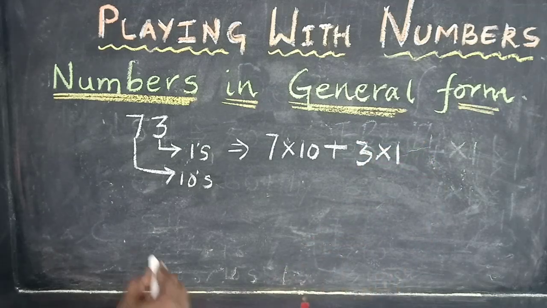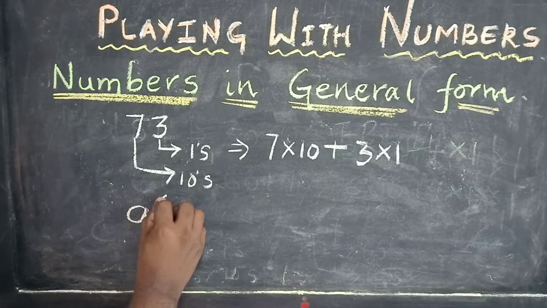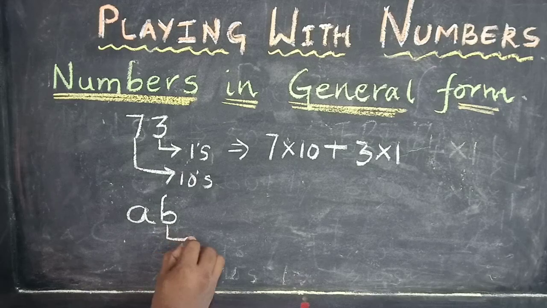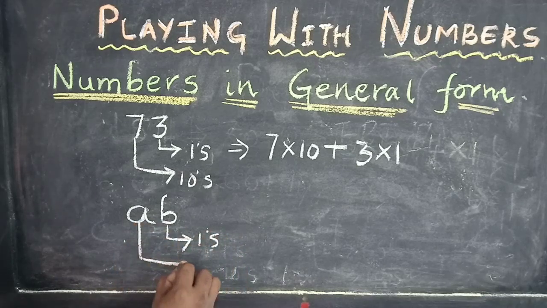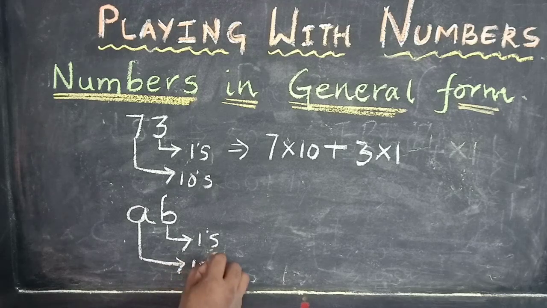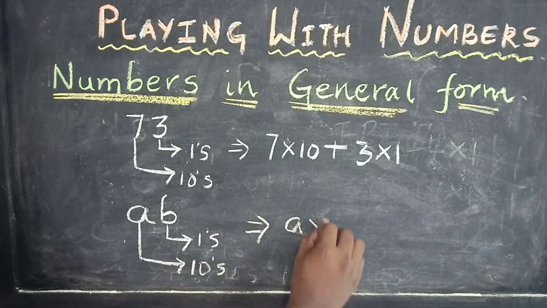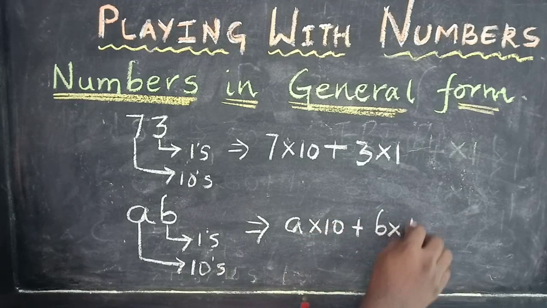In the same way, I will consider a 2-digit number AB. Now I can say that B times the ones and A times tens. I can write it as A times tens plus B times 1.